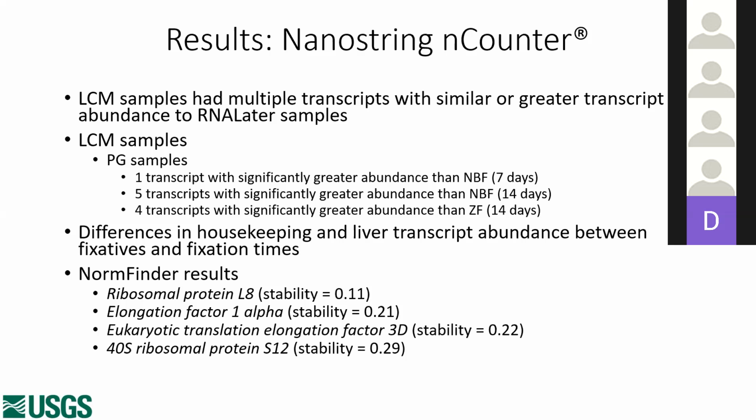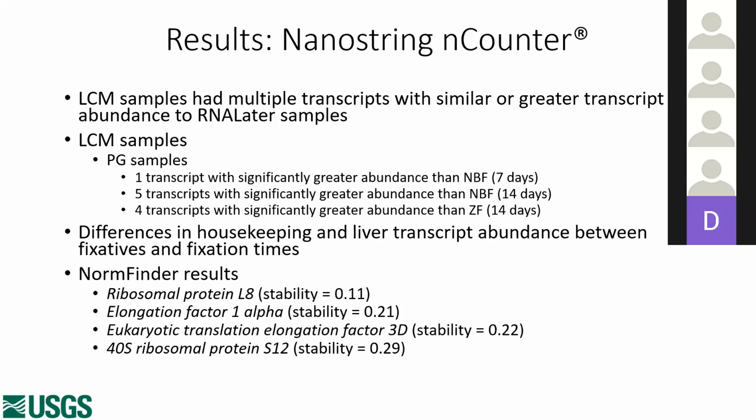And I wanted to emphasize this because, again, PAXgene says that the fixative is so much better at fixing samples for downstream applications. So in other words, there wasn't very much discrepancy between the transcript abundance of PAXgene samples and those samples fixed in formalin.